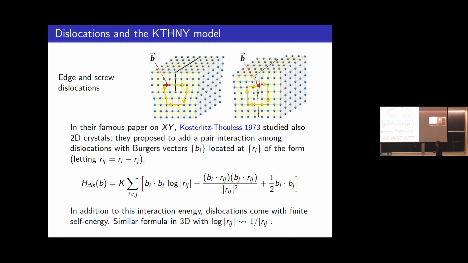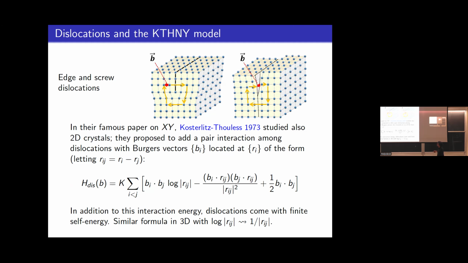So in addition to this interaction energy, there is a local cost to have the wrong number of neighbors at the location, at the so-called dislocation core. So at the dislocation core, there is a sort of local energy coming from the fact that you have the wrong number of neighbors. And then there is a long-range interaction coming from the pair interaction of these dislocations or vortices far away from each other.